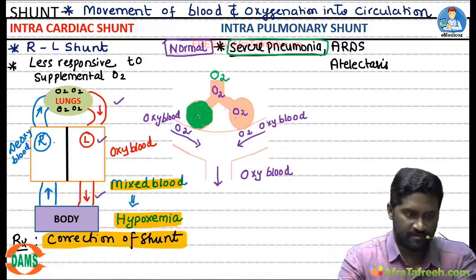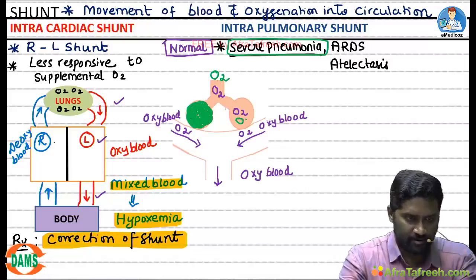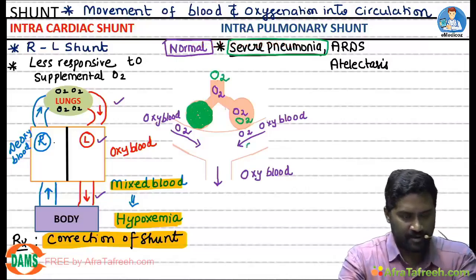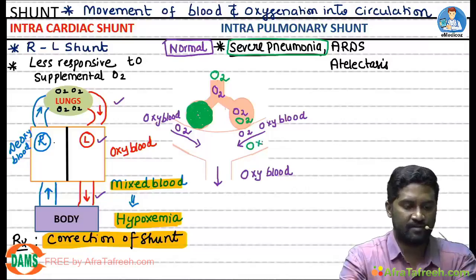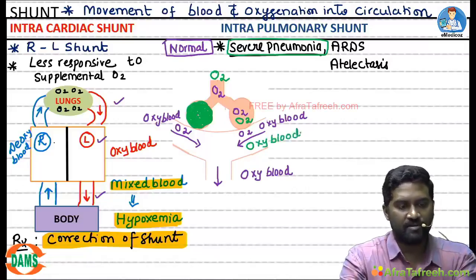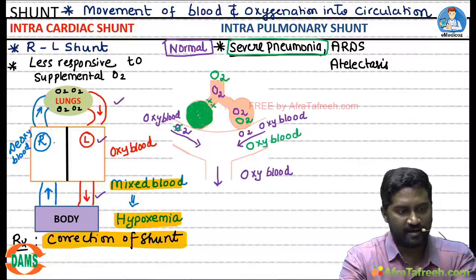Now this oxygen will definitely go into the healthy alveoli and will reach the blood on the side of the healthy alveoli. So this part of the blood will be oxygenated, but this oxygen cannot penetrate these secretions and cannot reach this side.